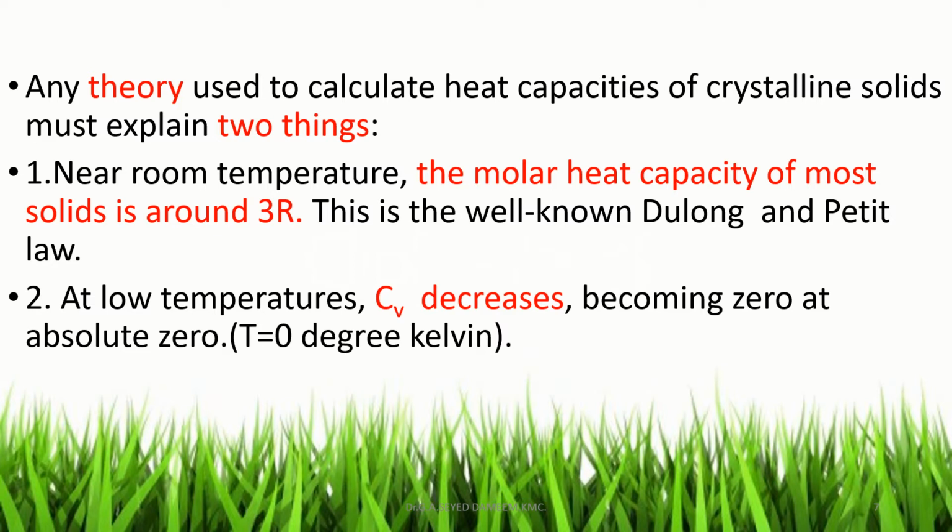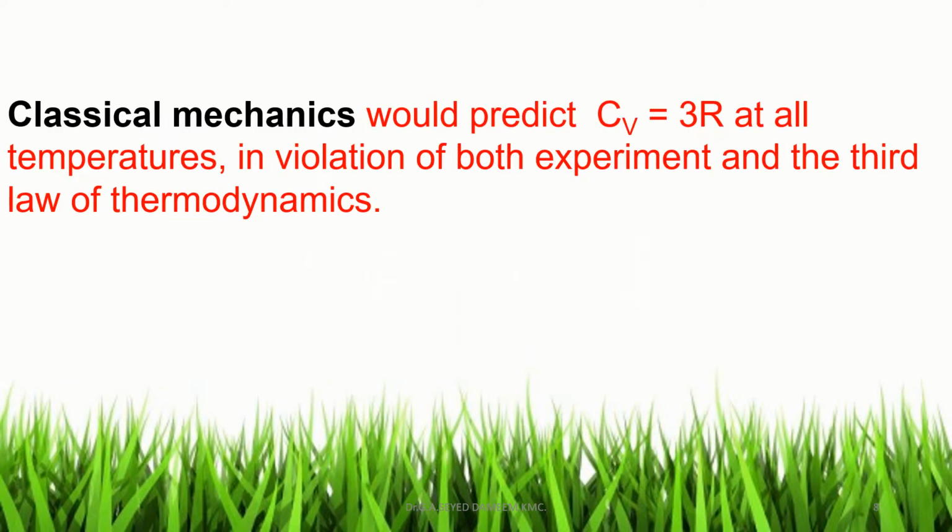To explain these two statements, two theories were proposed: one by Einstein, another by Debye. But classical mechanics would predict Cv equal to 3R at all temperatures, in violation of both the experiment and the third law of thermodynamics.